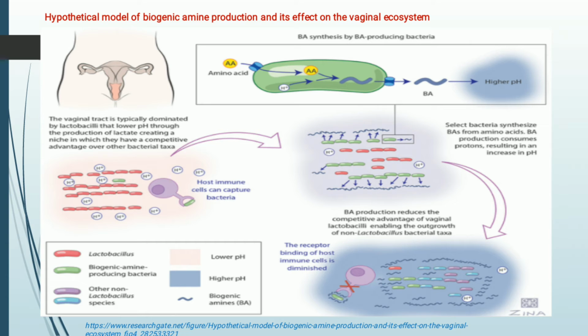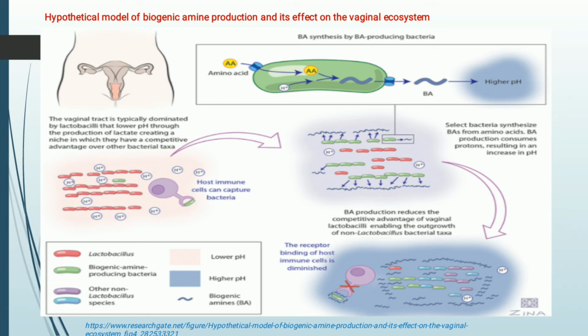But as the H positive concentration goes down, the NH2 positive increases, or we can say the alkaline type of bacteria increases, and it leads to inactivation of the immune cell, because now the concentration of lactic acid producing bacteria decreases and the medium of the vagina becomes more alkaline. That's why it leads to the inactivation of the immune cell.